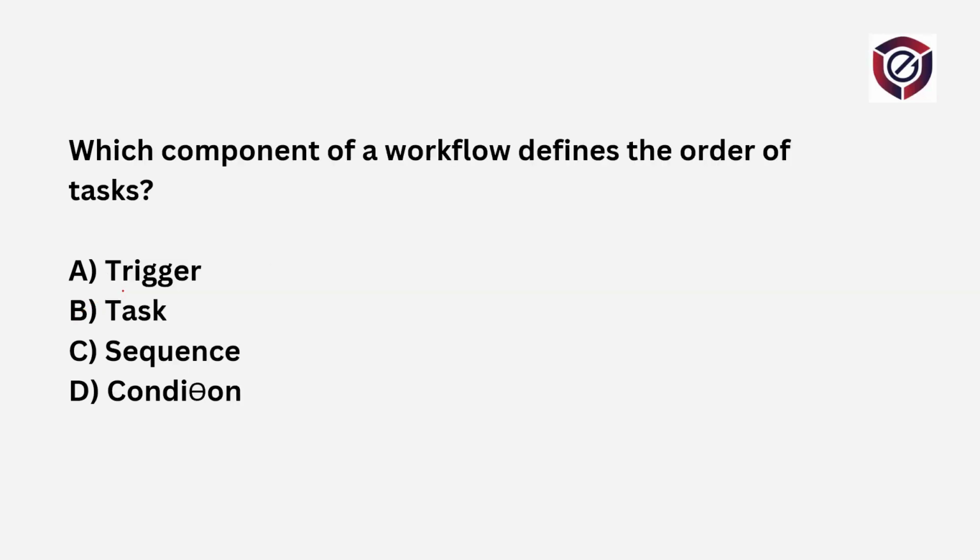Which component of a workflow defines the order of tasks? Whenever we have an order of tasks, which component is responsible for that? Options: trigger, task, sequence, condition. The order of tasks will always be defined with the help of a sequence.